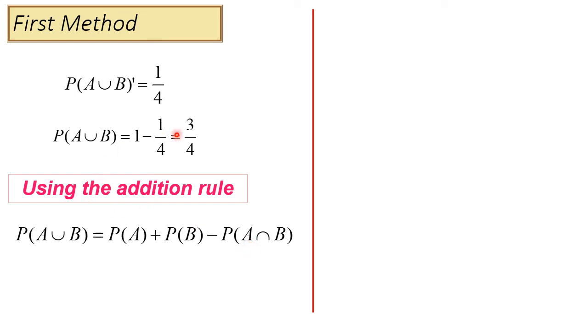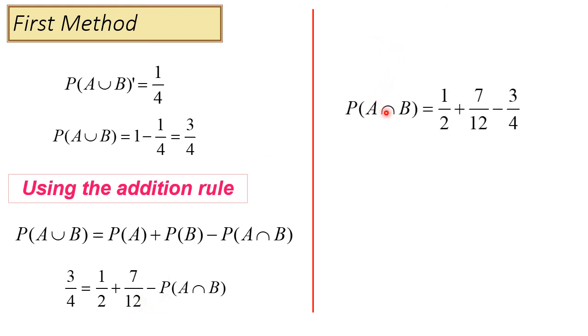So right now we substitute the value. We know this is 3/4 as we showed earlier, and then from the question we can also substitute the probability of event A and the probability of event B, which are 1/2 and 7/12 respectively. Then when we calculate the probability of the intersection of A and B, we get the value 1/3.